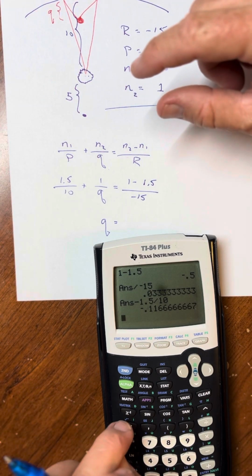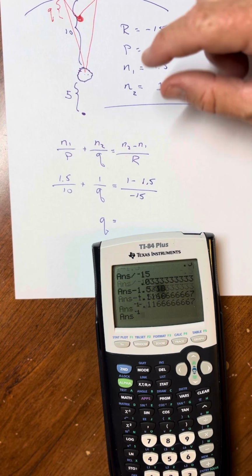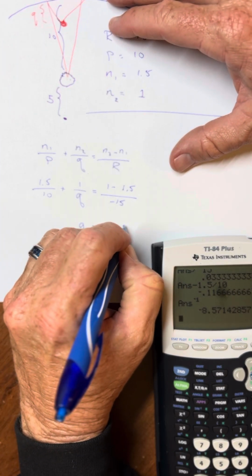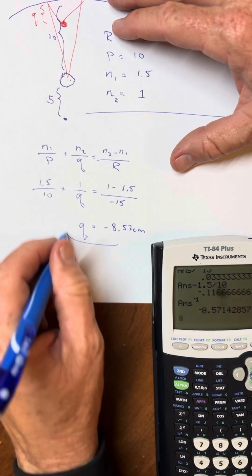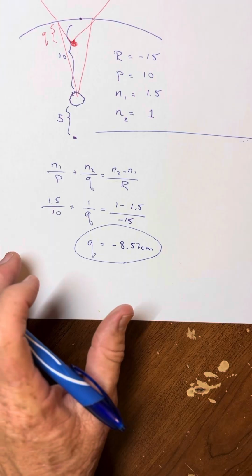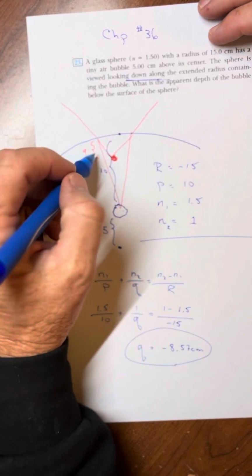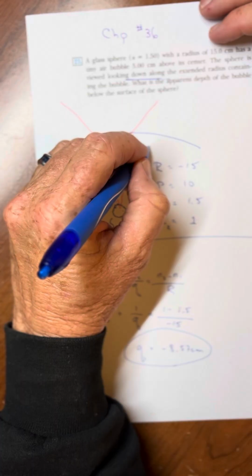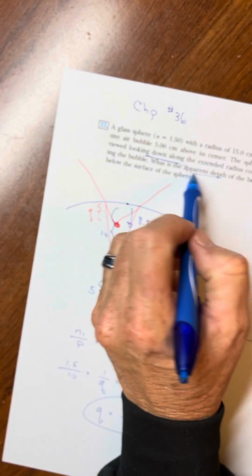So that is the reciprocal of Q. Hit the reciprocal key, and I get Q as a negative 8.57 centimeters. Yay! So good. It did come out to be a negative number. And so Q, the depth inside, is 8.57 centimeters, the apparent depth.